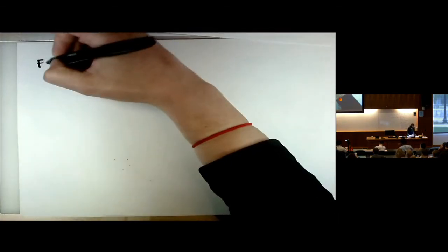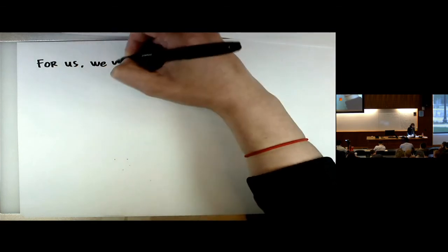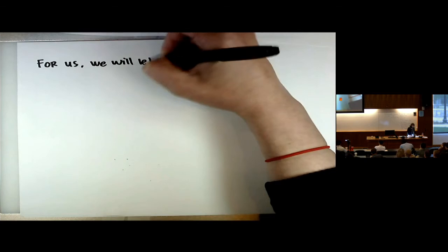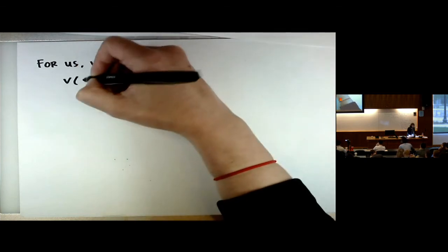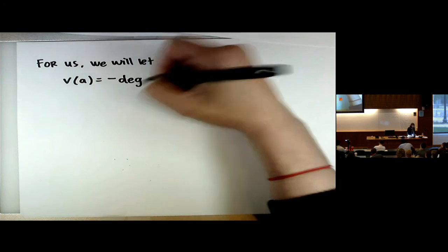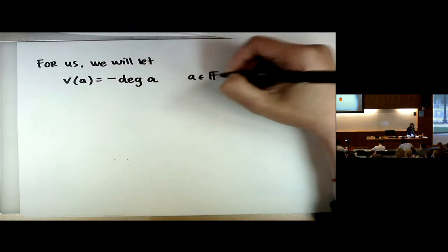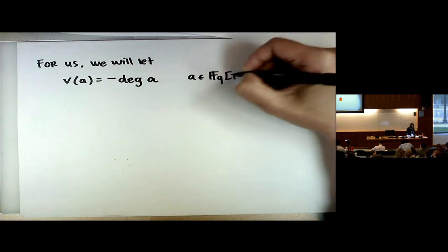So for us, we will let the valuation of a be minus the degree of a when a is a polynomial.